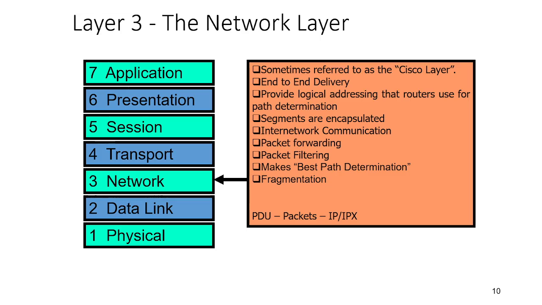The key functions, sometimes referred to as the Cisco layer, are end-to-end delivery, providing logical addresses that routers use for path determination, encapsulating segments, inter-network communication, packet forwarding, packet filtering, best path determination, and fragmentation. The key element is the IP address. Devices operating here include routers. For example, when data travels from India to another country, routers determine the path using IP addresses.